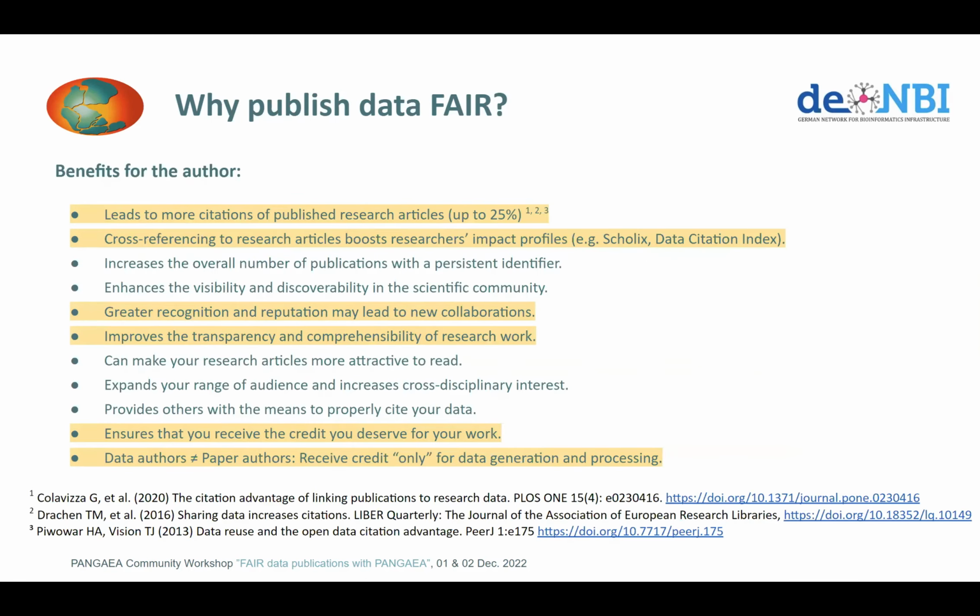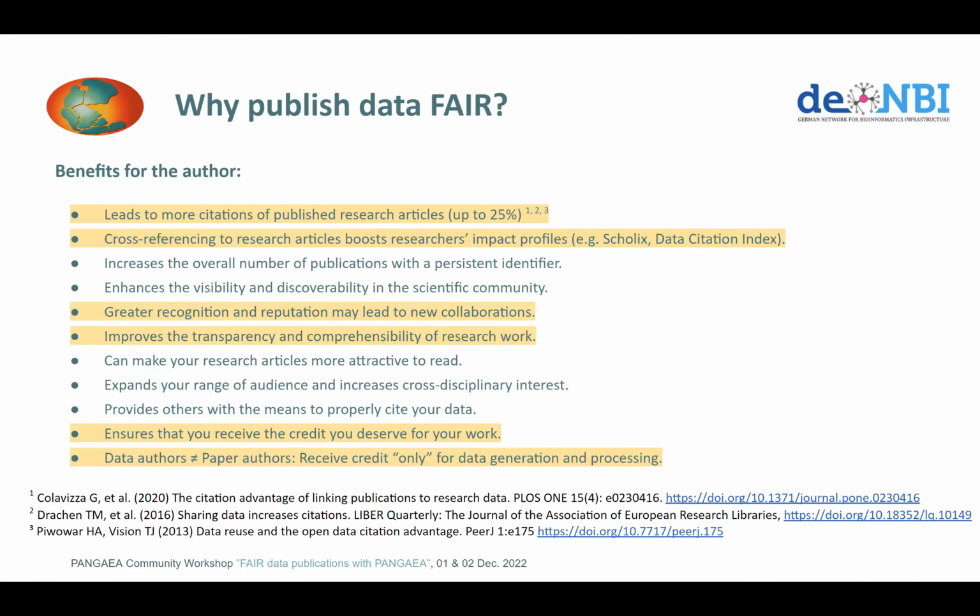So let's now go to the benefits for each individual author, and you see that the list becomes even longer. The more it gets to you, the more the benefits increase.